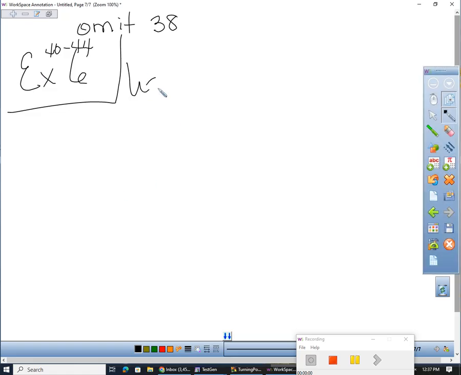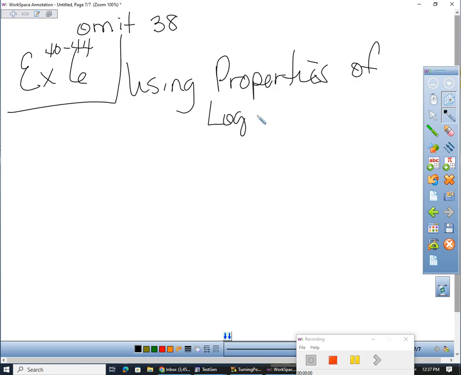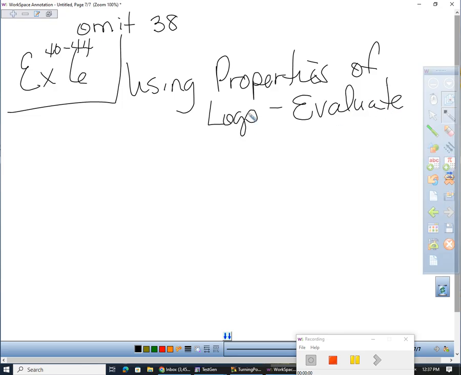Using properties of logs, evaluate. So let's say I have log base 2 of 4 minus log base 2 of 16.